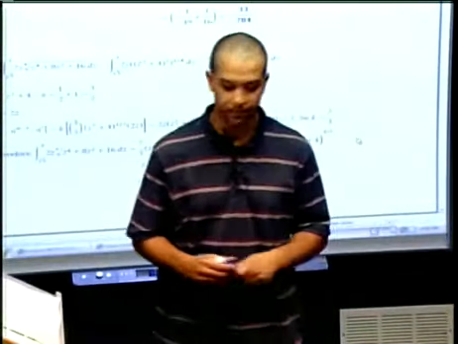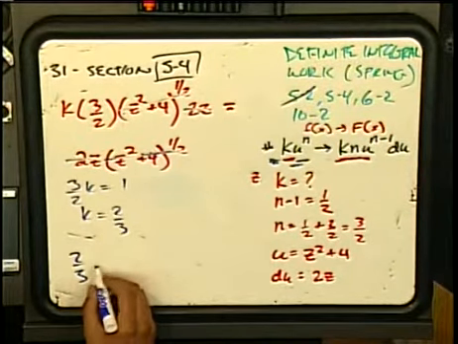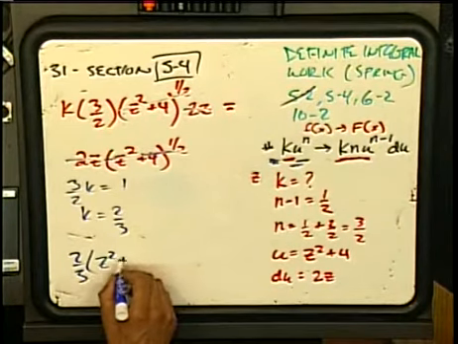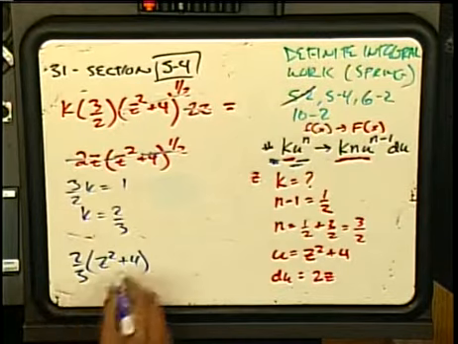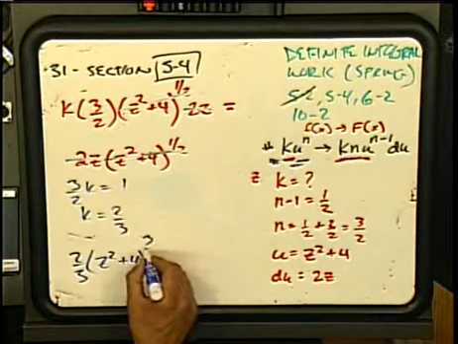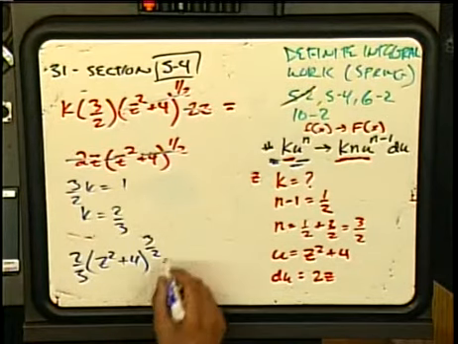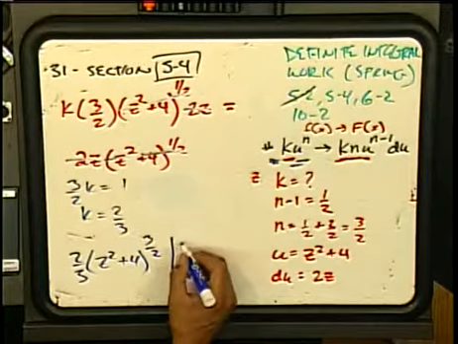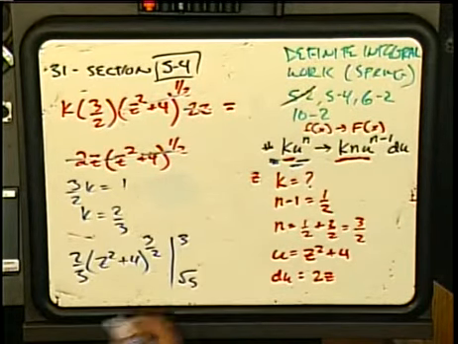You see what I'm at? n is 3/2. The bounds are 3 and square root 5.